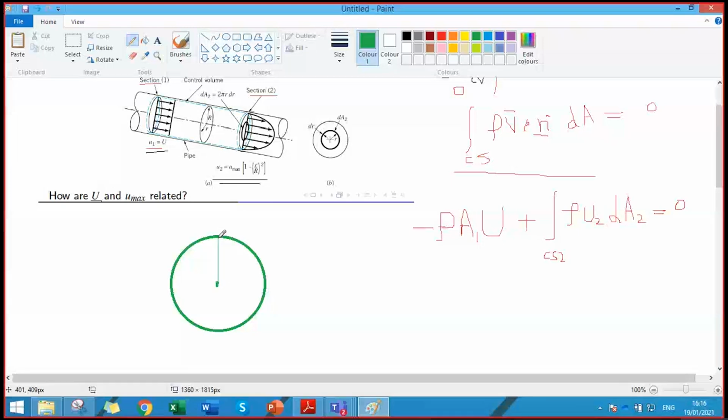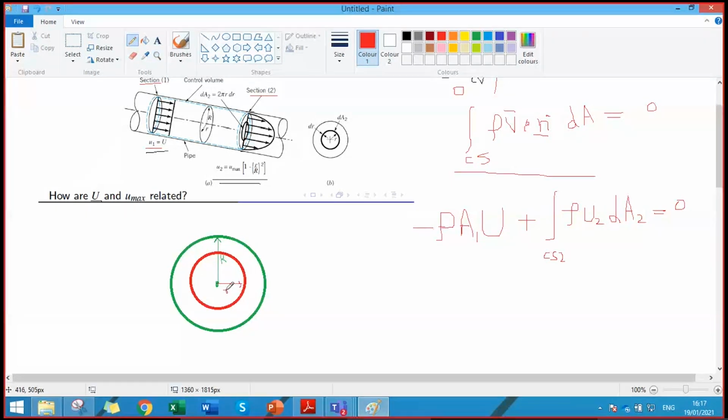Okay. Then I draw another circle inside it. Is the red circle visible to you? Yes, sir. I say the radius of this red circle is small r. What's its area?